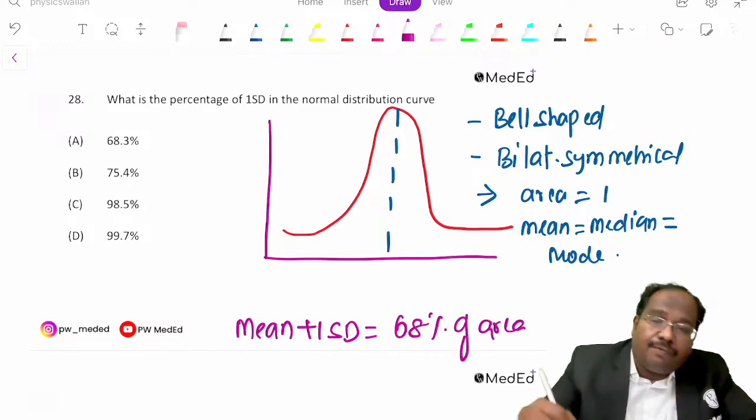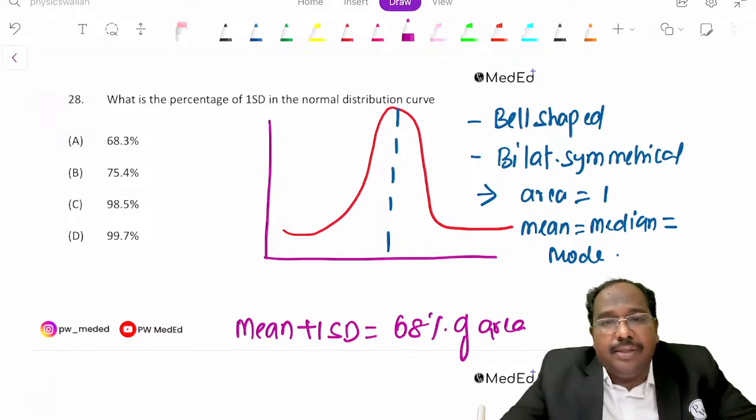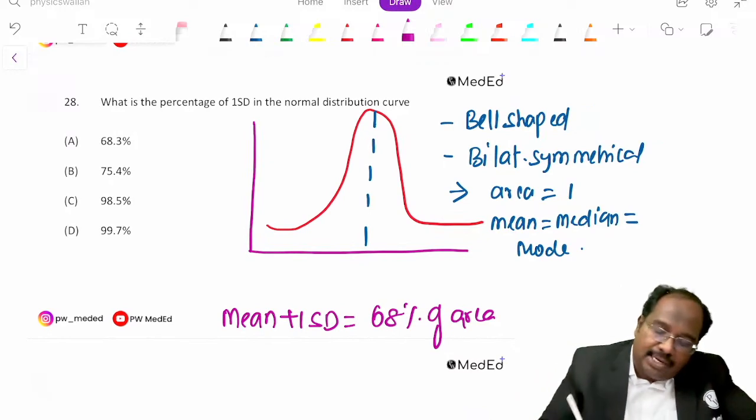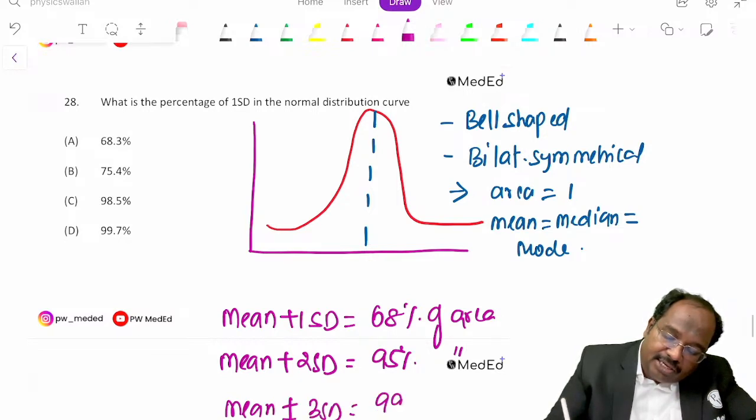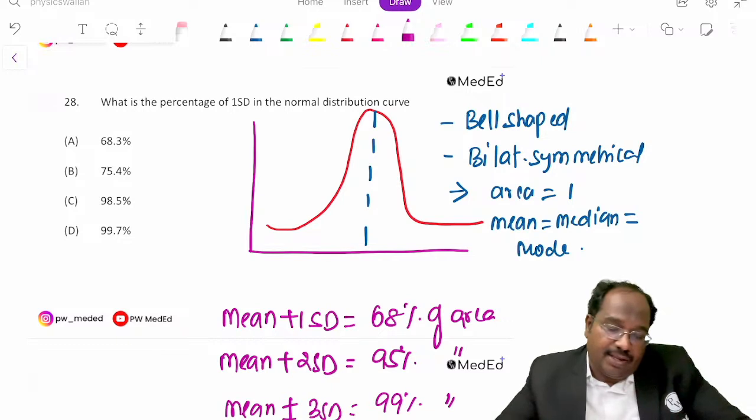This concept is statistically proven. Mean plus or minus 2 standard deviations is 95% of the area. Mean plus or minus 3 standard deviations is 99% of the area.